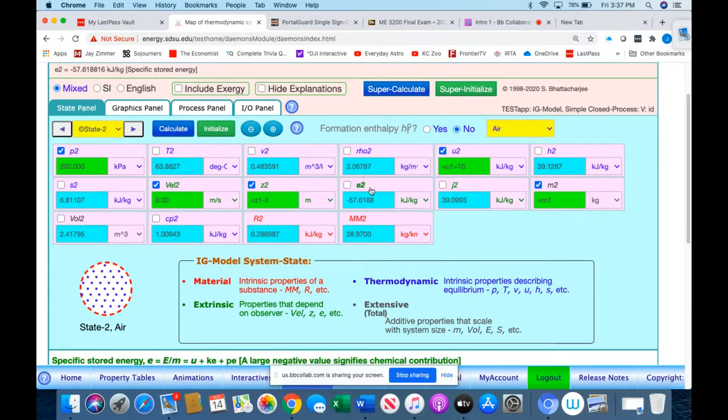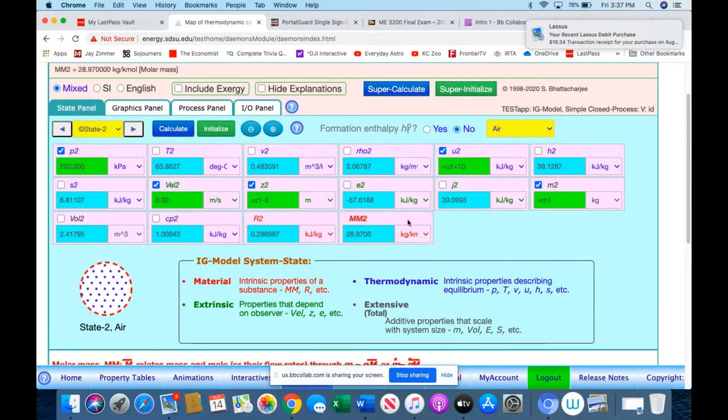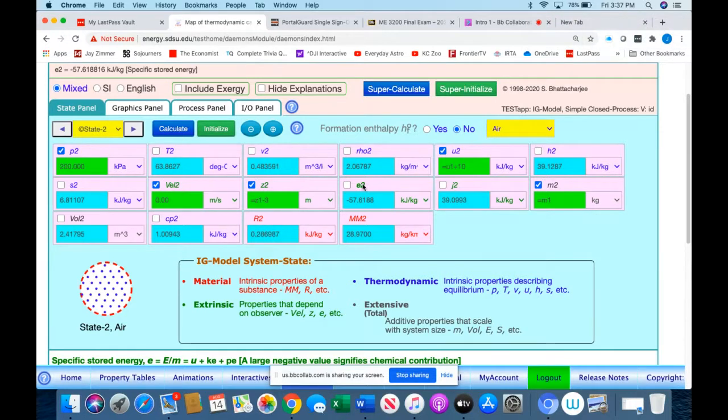So this E, as you can see as I hover over it at the top, is the specific stored energy. And what that corresponds to is the internal energy, the magnitude of the internal energy, any contribution due to velocity or kinetic energy, which is 0, plus a potential energy component, which would be associated with the gravitational constant.